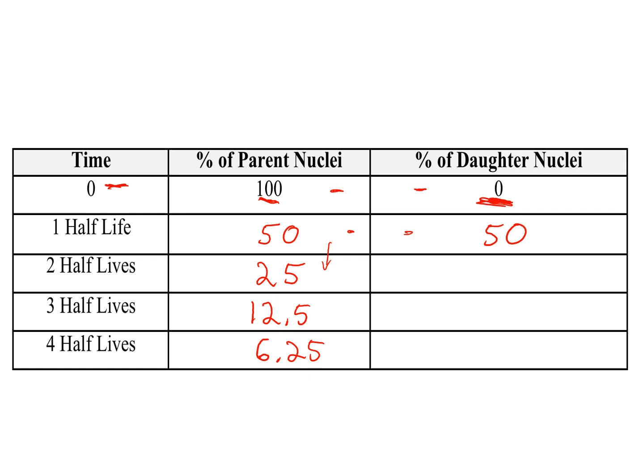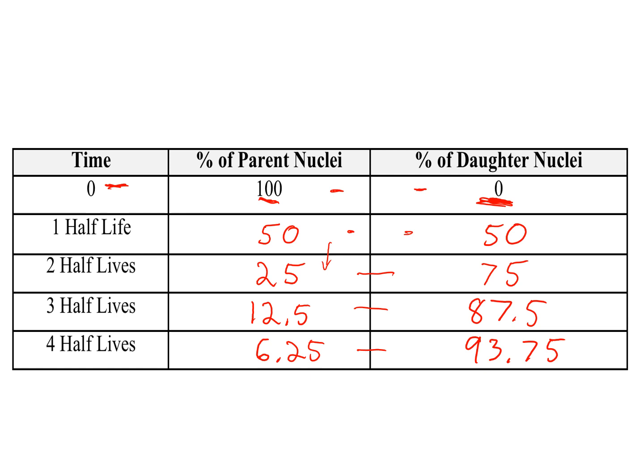So that 25 gets added to this 50, so 75. Again, 12.5 is going to get added to the 75, so that's going to be 87.5. And then 6.25 is going to add to that 87.5, so that's going to be 93.75. At all these points, all these numbers always add up to 100%, or the total amount that we started with.